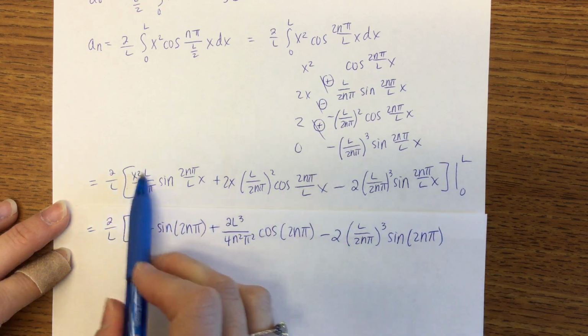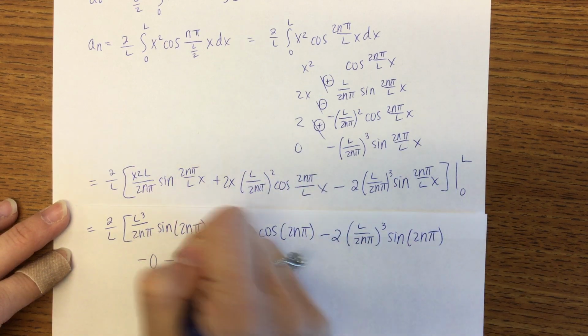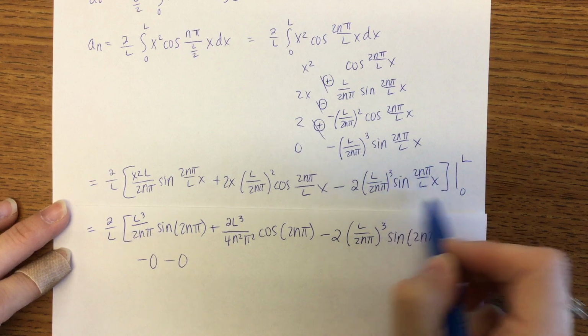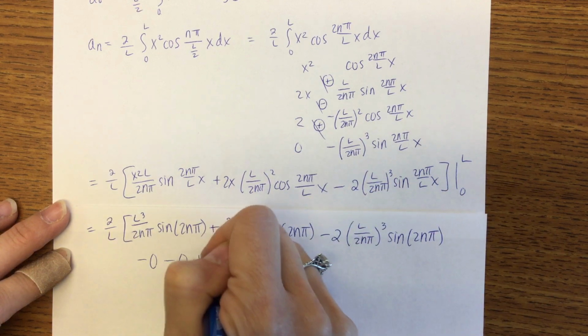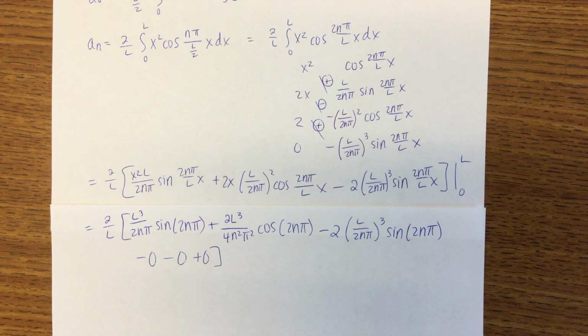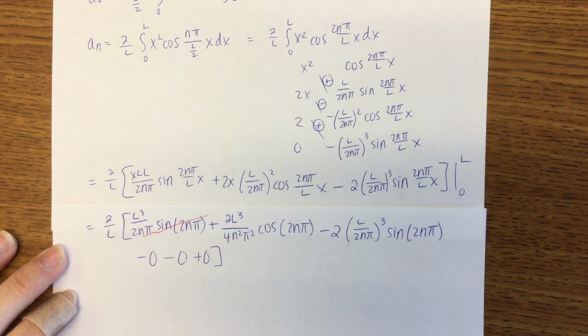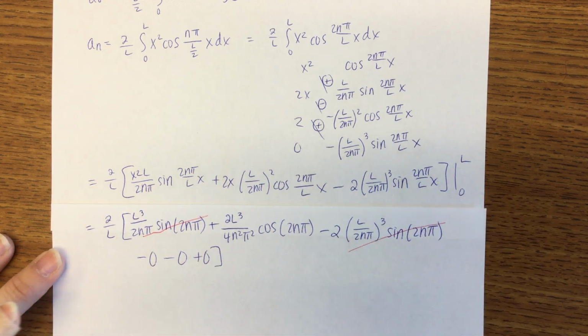Plugging in the 0, because of this x, that'll be a 0. Because of that x, that'll be a 0. Because of sine, sine of 0 is 0. So all of those end up dropping out. Sine of 2n pi, that's going to be 0. That sine of 2n pi, that's going to be 0.